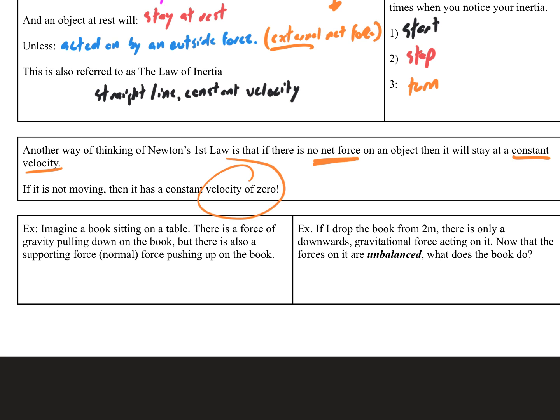A couple things we need to look at is what we call the support force, or the normal force. We're going to talk about this subject a little later on, but we have this thing called a free body diagram. It's a way to describe forces acting on an object and compare them, and we can throw some math at it.